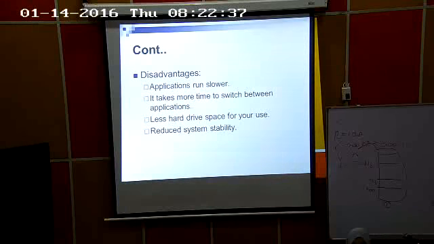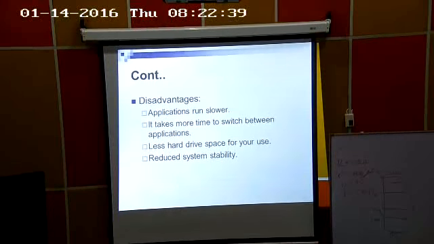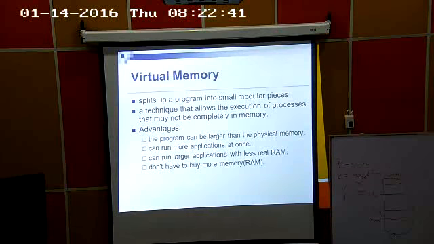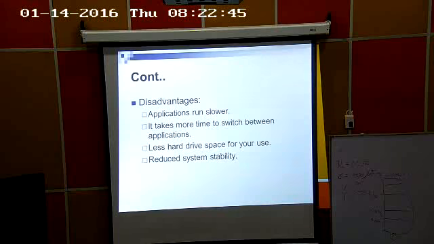However, the disadvantage of virtual memory is that it will cause your applications to run slower. Why? Because it is created only when needed.